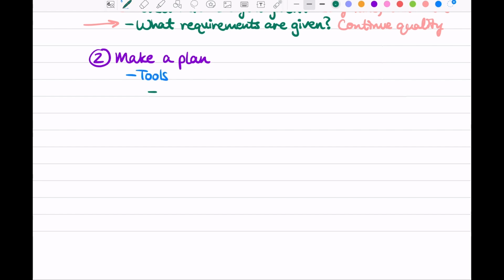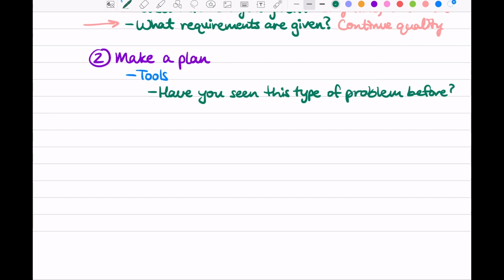One tool is asking, "Have you seen this type of problem before?" If you've seen a similar type of problem in the past, you can use what you learned there to help you here. Another tool is asking, "Is all of the info in the problem useful?